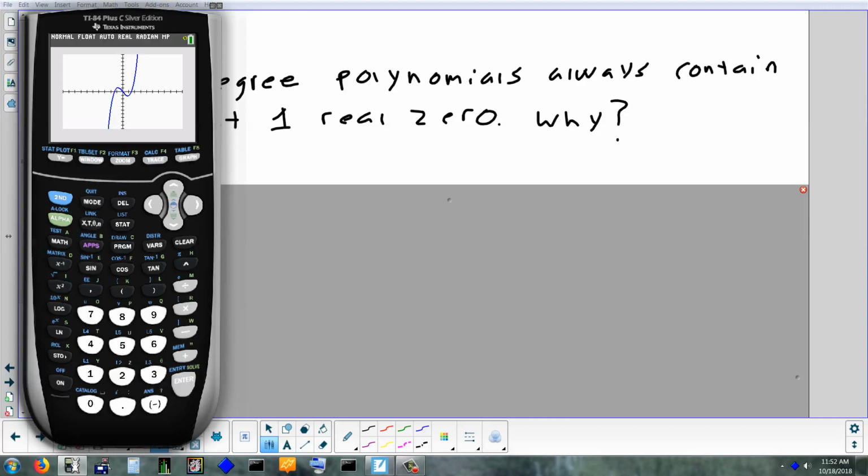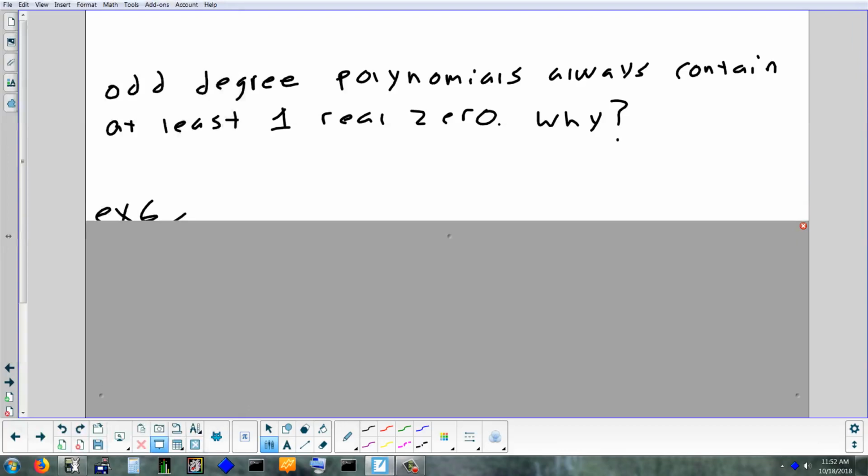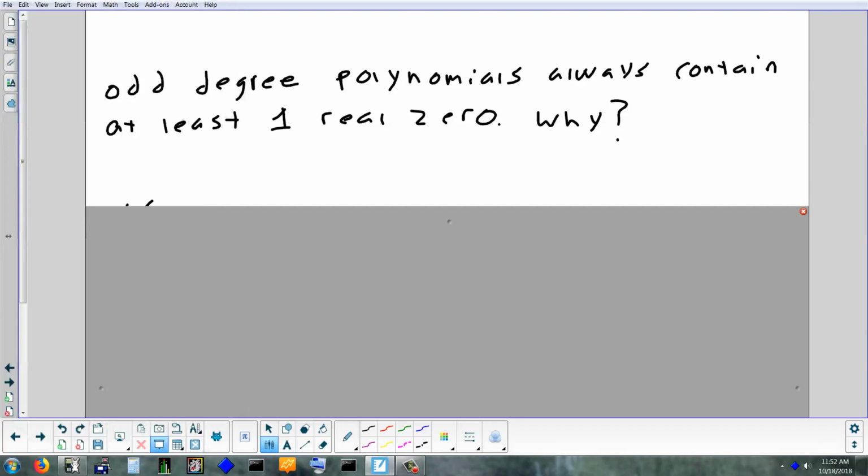It goes up forever. It goes down forever. Well, if a graph goes up forever and it goes down forever, and it's connected the whole time, you never lift up your pencil, are you going to cross the x-axis somewhere? You have to. So that's why odd degree polynomials will always have at least one real answer.